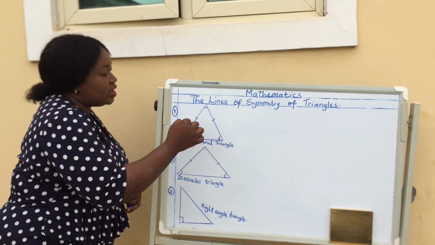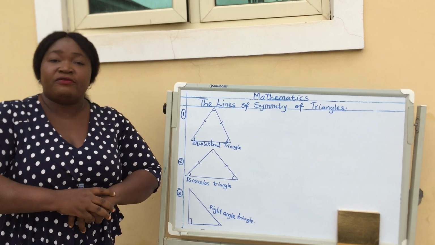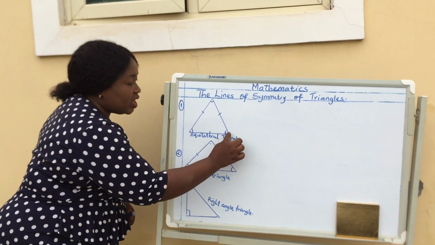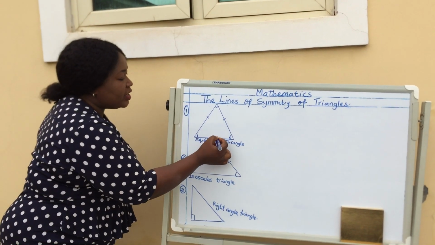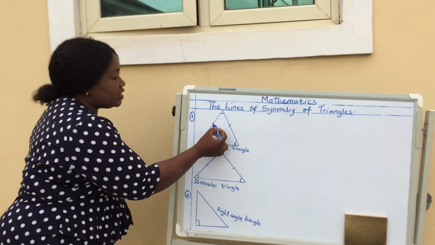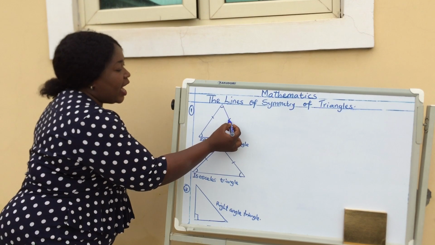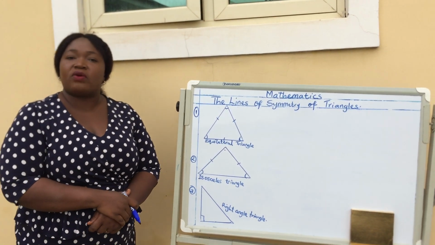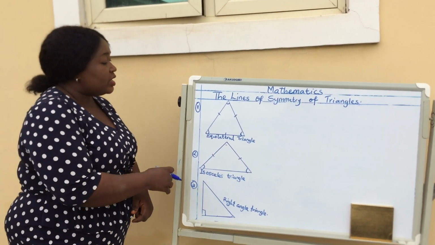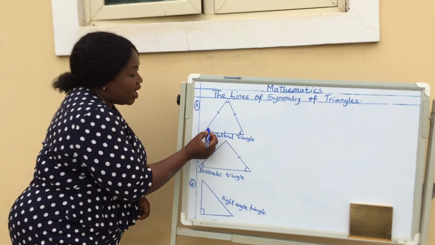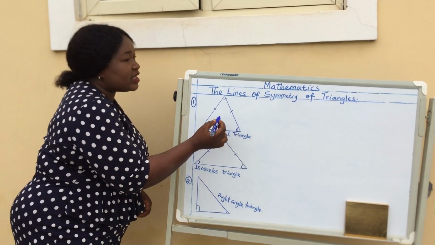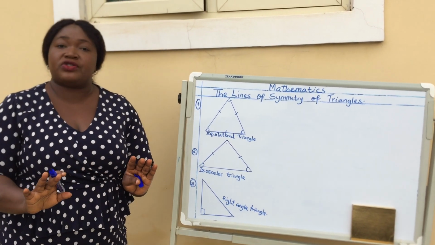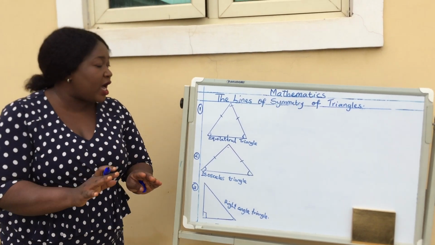This side too is the same, 15 centimeters, the same as the third line. Also, an equilateral triangle has three corners, and the three corners have the same angles.